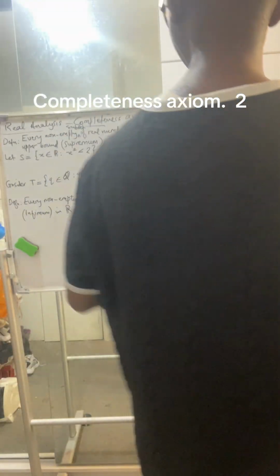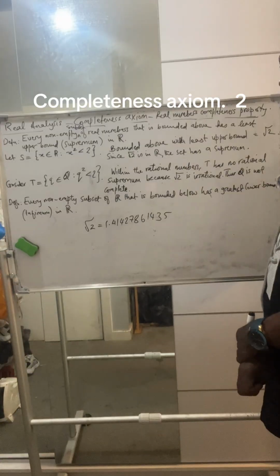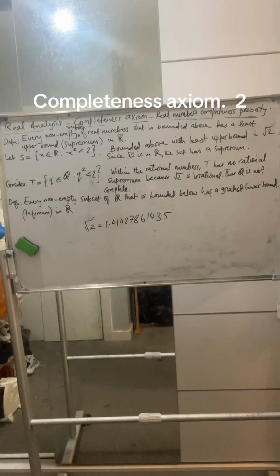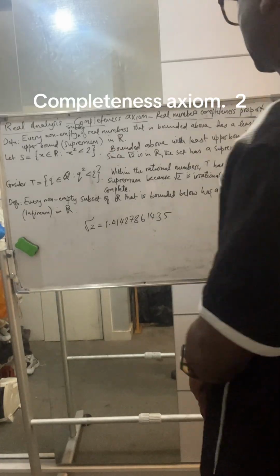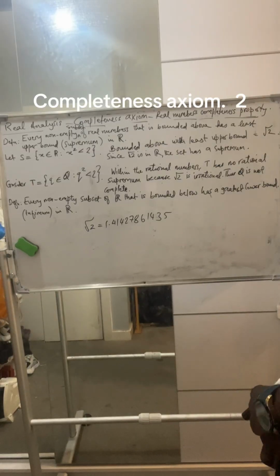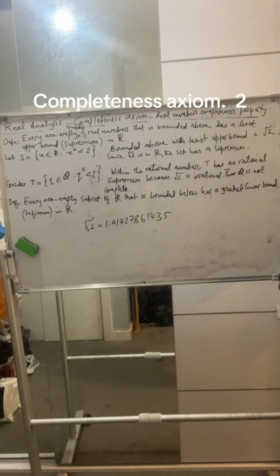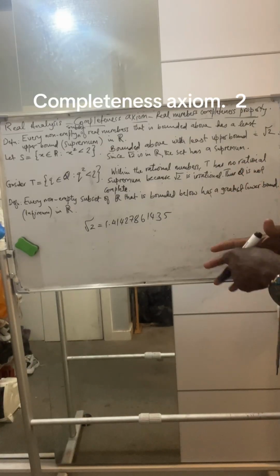So now here they ask you whether this set is bounded above. It's bounded above. We already explained what it means when a set is bounded above. The highest element in the set that is also included in the set.